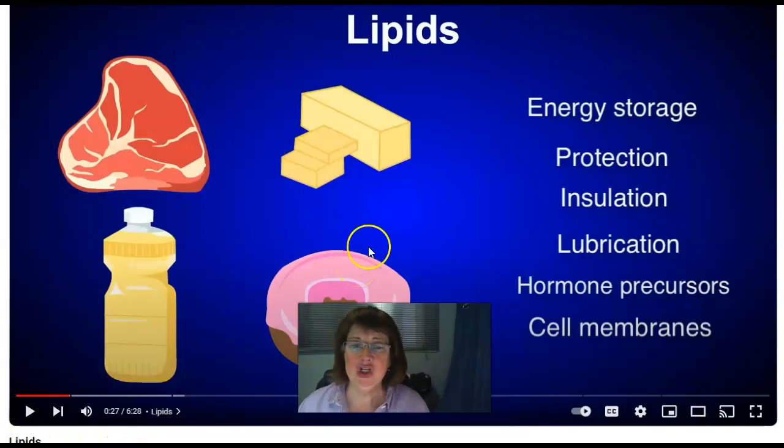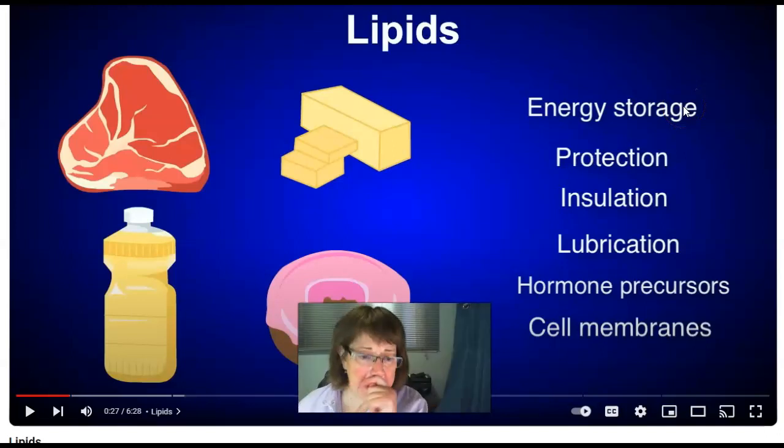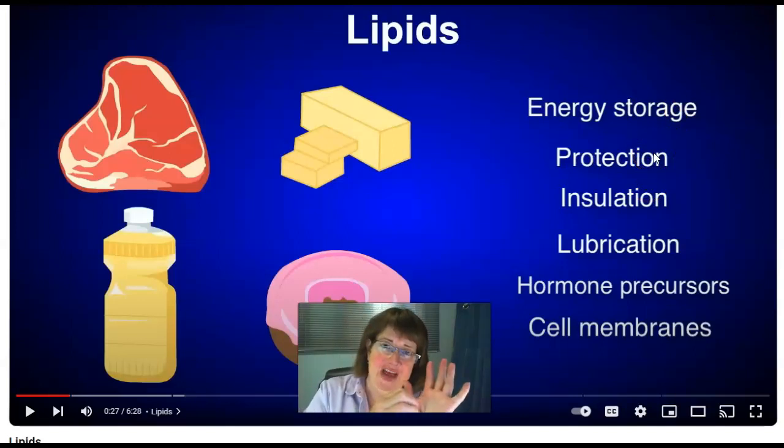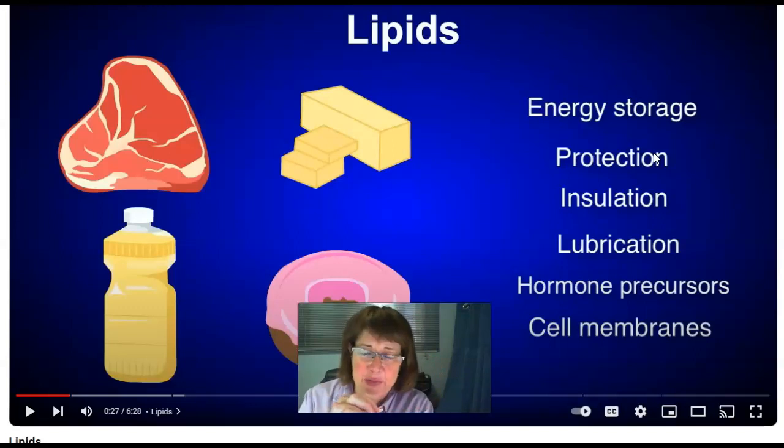Okay, so when we are looking at the function of lipids, energy storage, adipose is very important for storing energy. Also protection. There's a little bit of fat protection on your hands and feet.